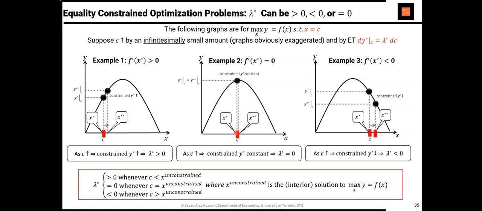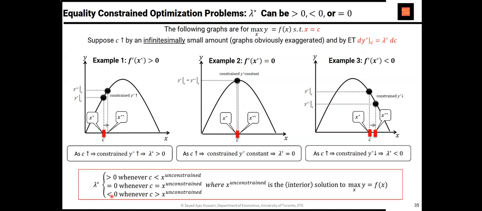There's no value in, of course, you changing C. But if C is beyond the unconstrained solution, in other words, you have too much capacity, which you're utilizing 100% of the time, and if you now increase the capacity even more, your y star is going to go down, so lambda star goes down.